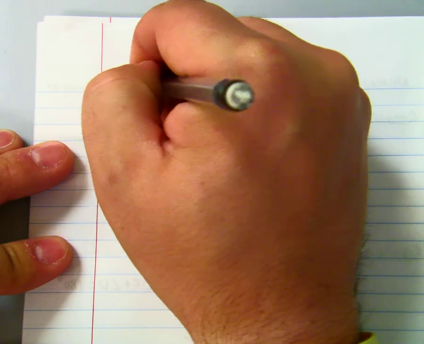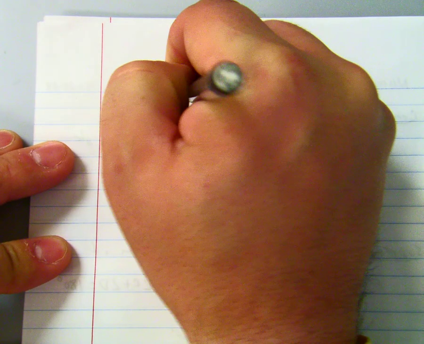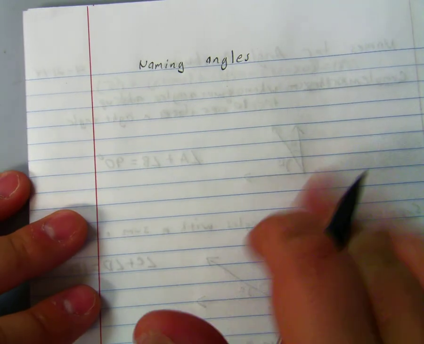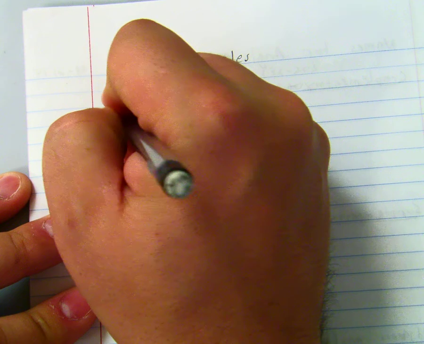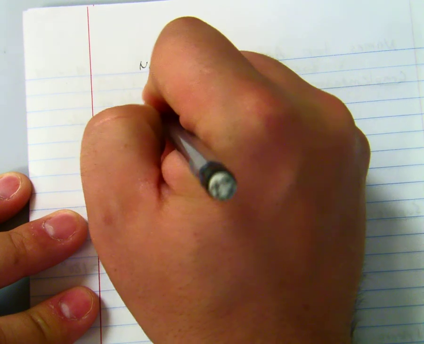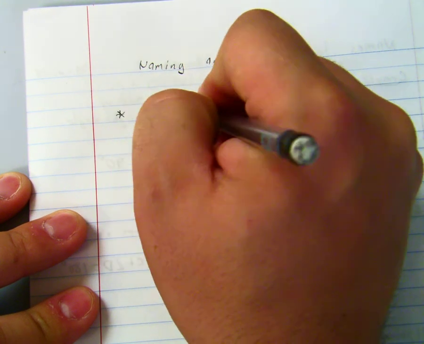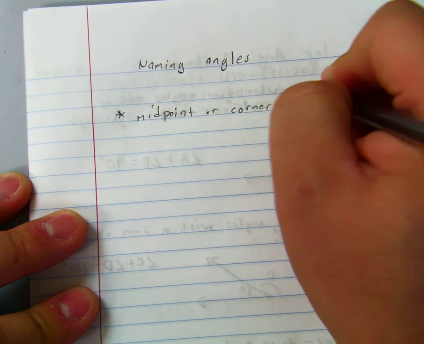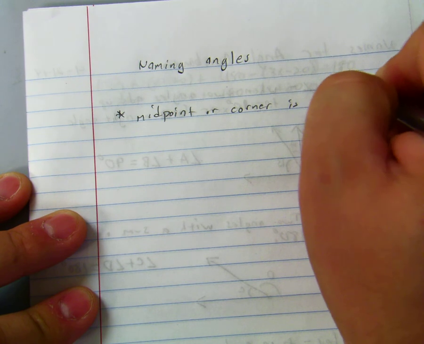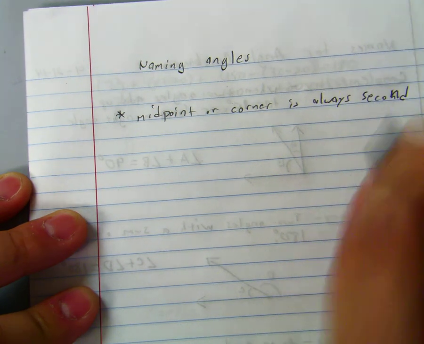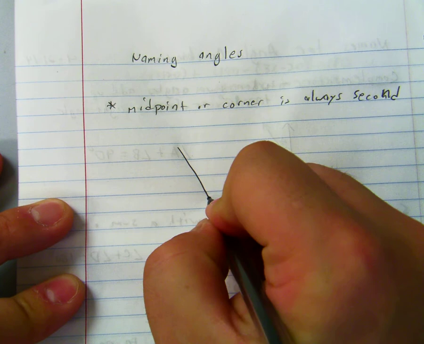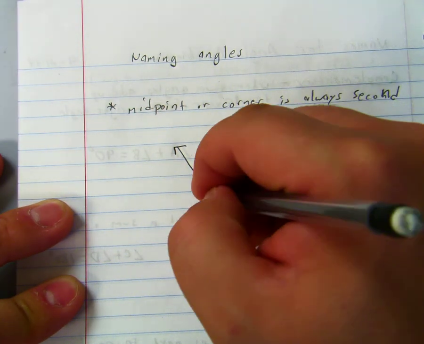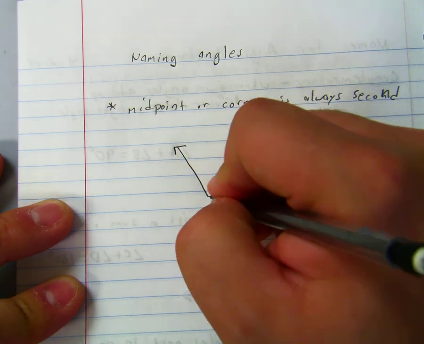I was pretty simplistic at the beginning, but now we need to learn how to name angles. One important thing, the midpoint or corner is always second. What I mean by that is, typically you form angles when two lines intersect.